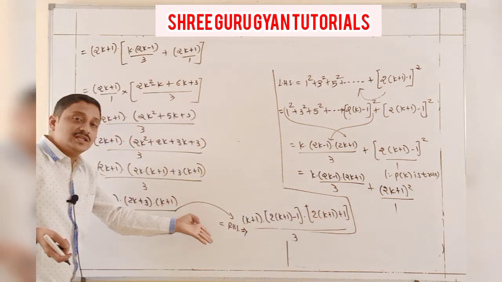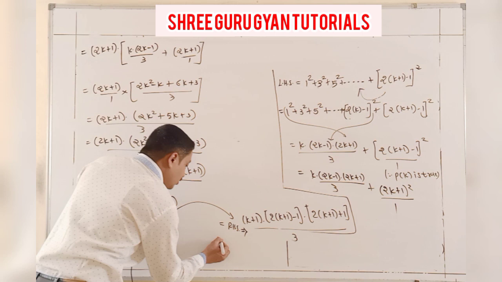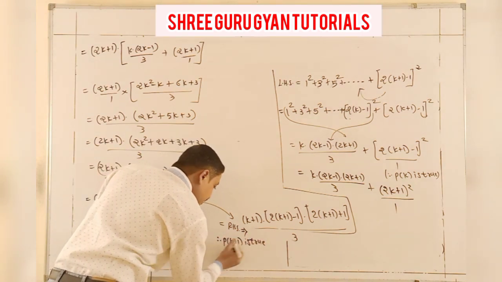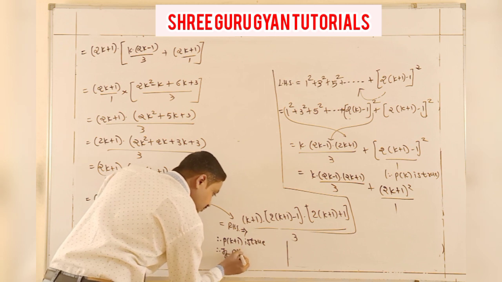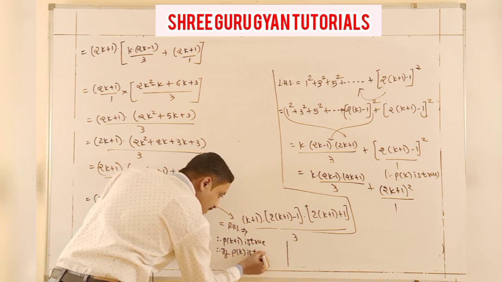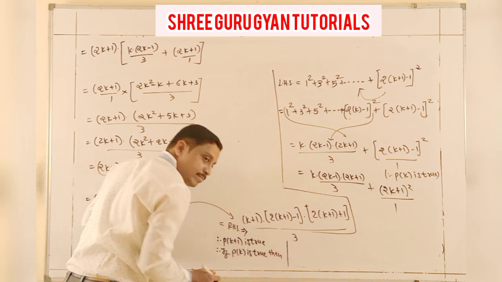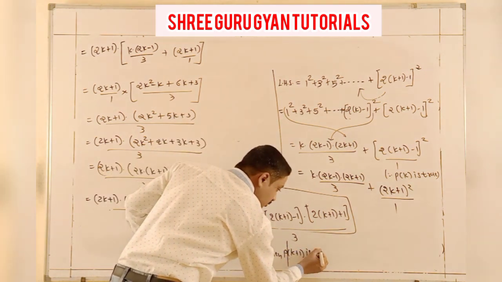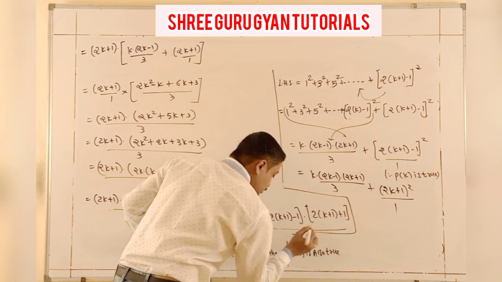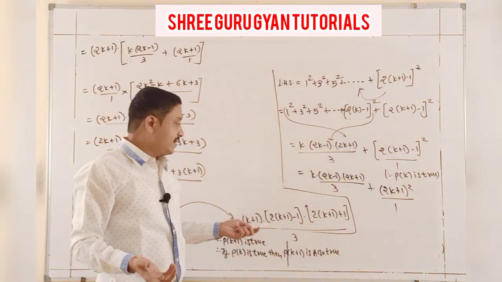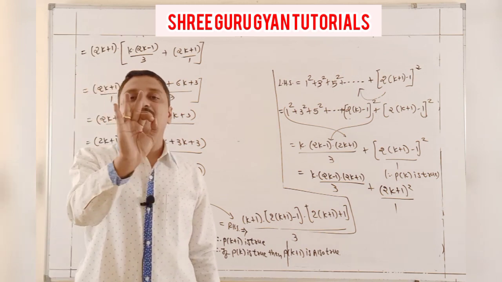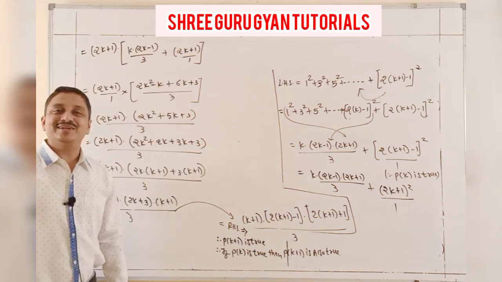It means done. Therefore, P of k plus 1 is true. It means if Pk is true, then P of k plus 1 is also true. So lastly write down: by PMI, this numerical is true for every n belonging to the natural numbers.